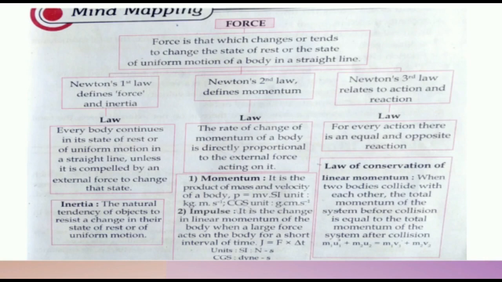A large force working on your body in a short time. Here impulse is denoted with the letter J. J is equal to F into delta t. The SI unit is Newton second. The CGS unit is dyne second. This is about Newton's second law.